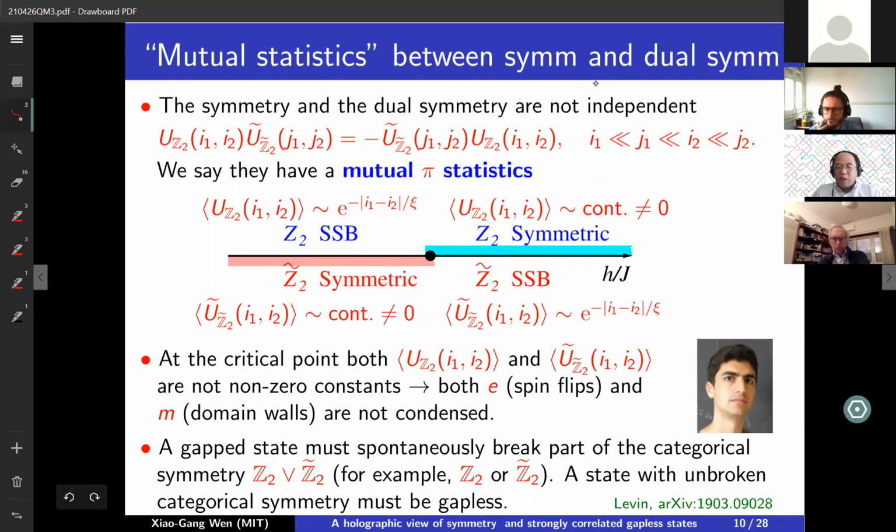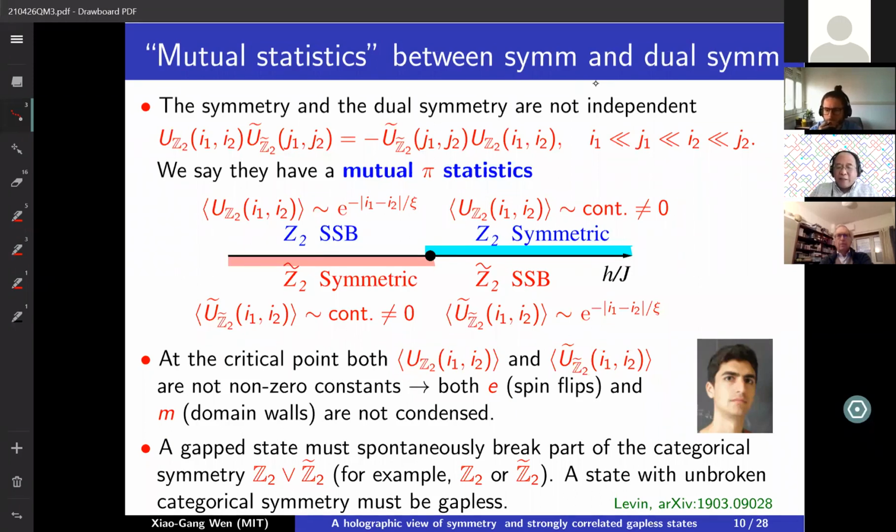That means both the Z2 charge, which we call E, and the domain wall, which we call M, are not condensed at the critical point. They are not condensed, meaning the symmetry is not broken, and this is a way to understand why it is not broken.